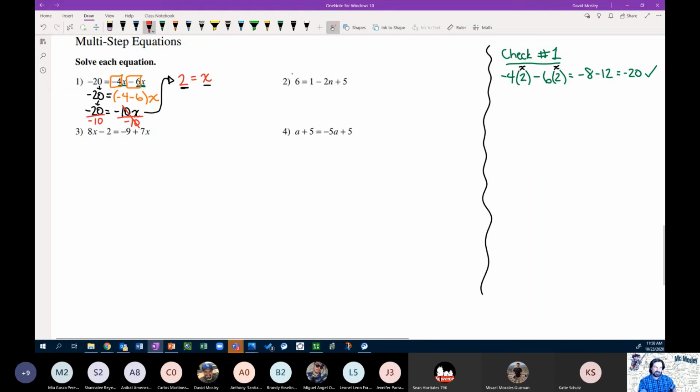In this next example, we have like terms that are numbers. We have a 1 and a +5, and in between we have this -2n. So we still need to combine our like terms. I have regular numbers, I can put them together.